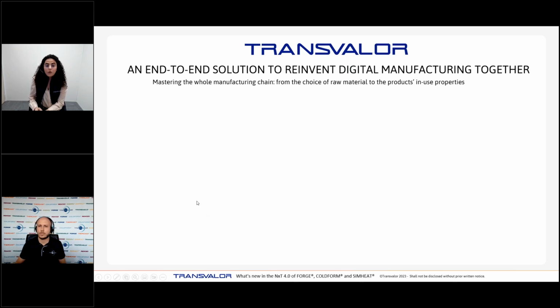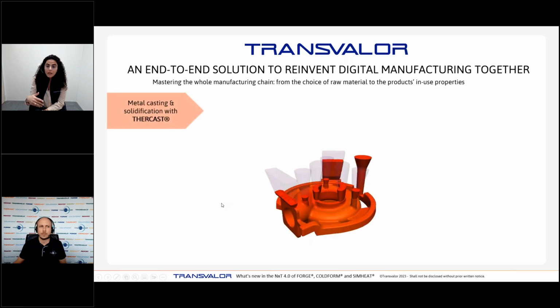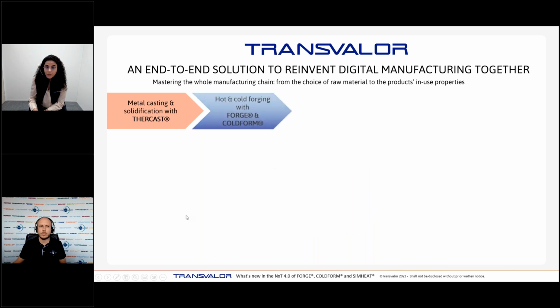Transvalor helps you to increase your part quality, to increase your production. And for this reason, we have a platform that can help you to go from the casting till the fatigue life cycle management. We have several products that go from the casting, for example, with StirCast. Here we can see together a simulation of metal casting and solidification.